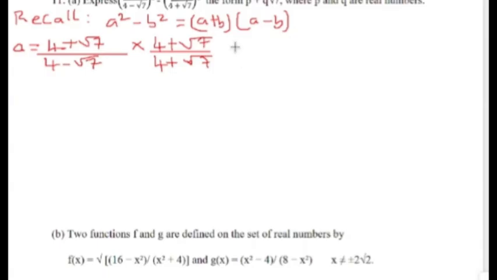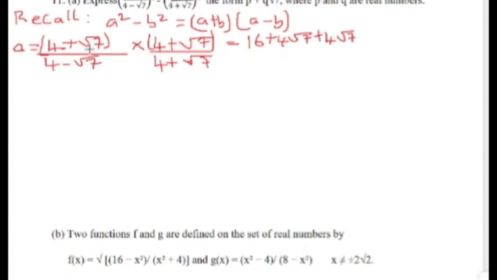Good. So let's see what happens here. So 4 times 4, let's enclose in brackets for simplicity. So 4 times 4 is 16. 4 times root 7 is 4 root 7. Root 7 times 4 is the same thing, 4 root 7.